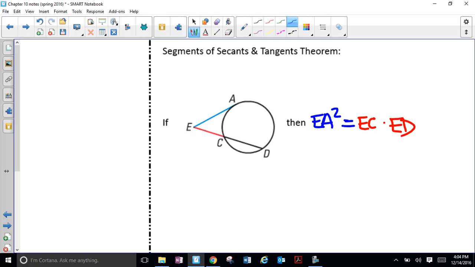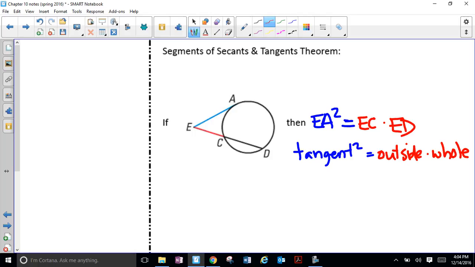So if I were to write it like I had before, it would be the tangent segment squared, and that's going to be equal to the outside of the secant times the whole secant. That's what we're doing in general when you have a tangent and a secant.